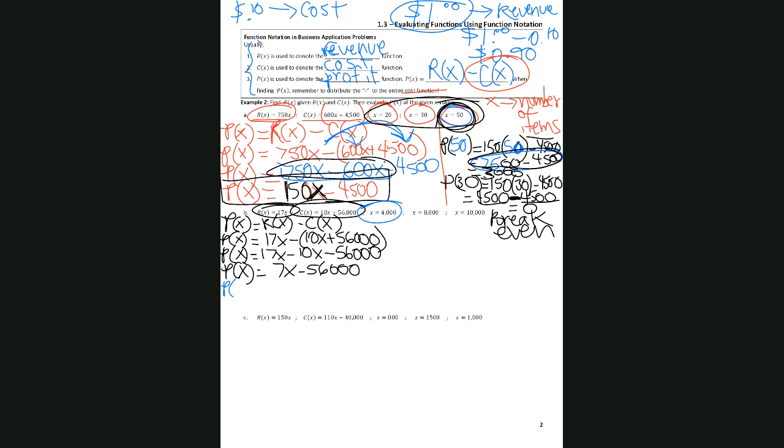So now, to answer our first question, find the profit if you were to sell 4,000 items. So we're going to have a P of 4,000. And so just like we did before, we're going to substitute that X with the input, which is 4,000. And then here we still need to subtract the 56,000. And so from here, we will obtain 28,000 minus 56,000.